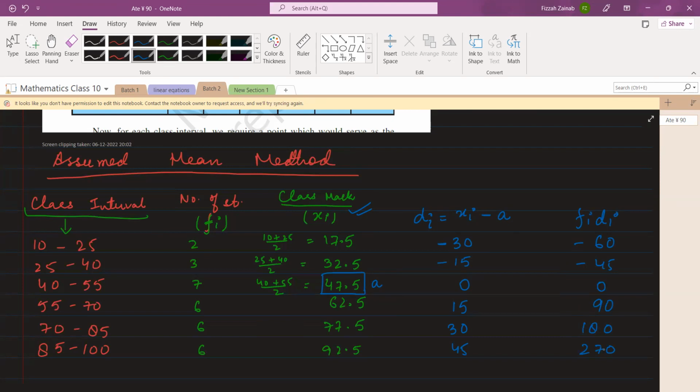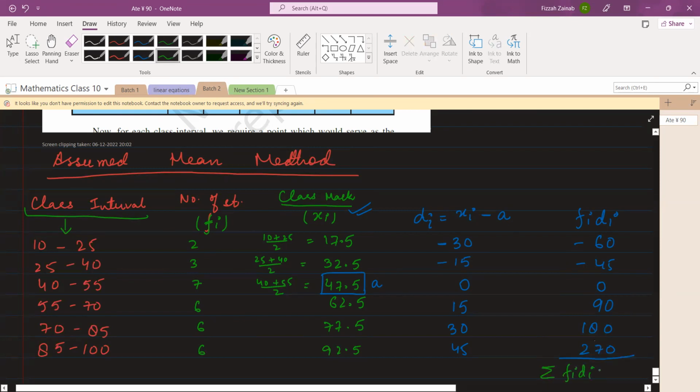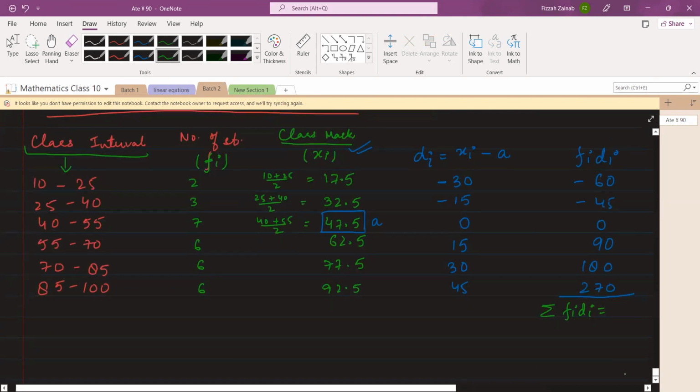And then you will do summation of this column. So you need summation of FiDi. Now please add them. What do you get, tell me? And this I forgot.